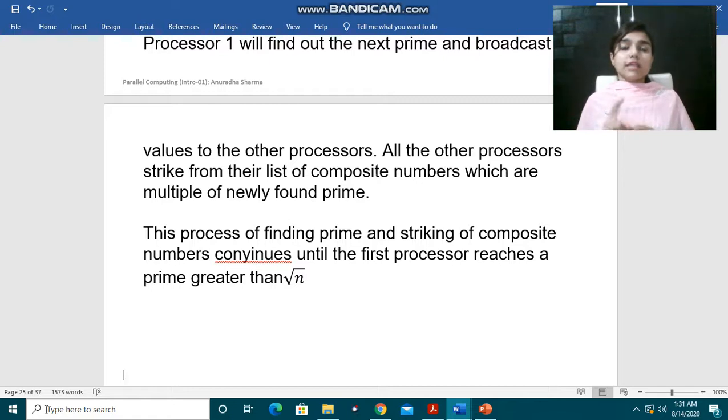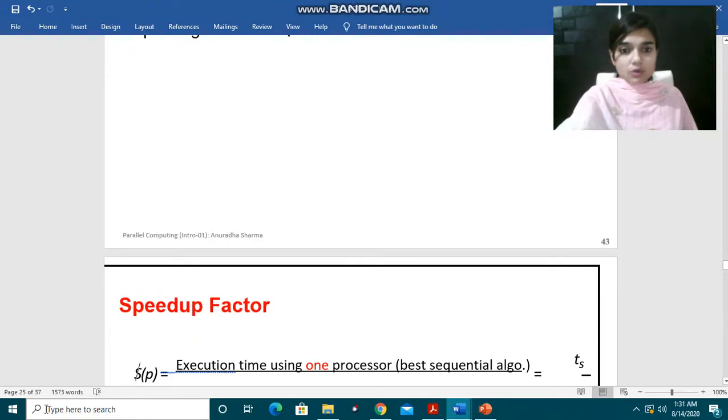The first processor will take the next prime number and broadcast this value to the other processors so that they know this value is currently taken, and they all will strike out the multiples present in their data segments. So this is how a data parallel approach works.